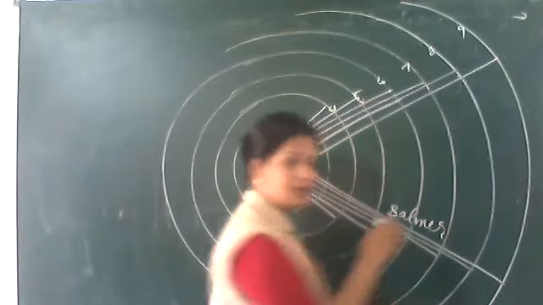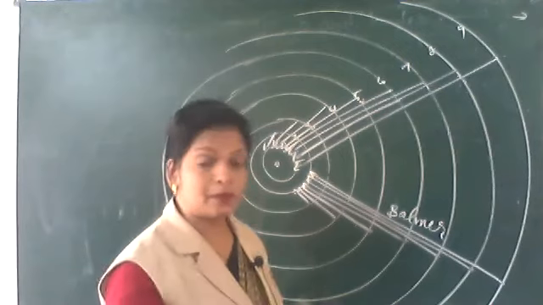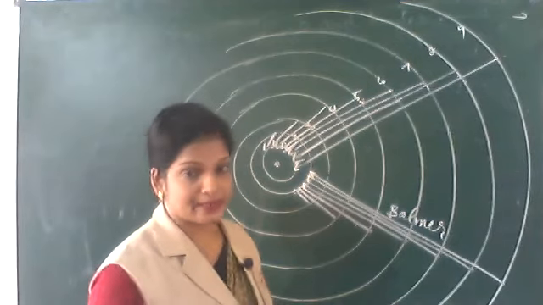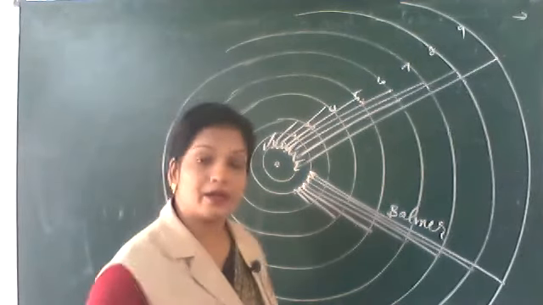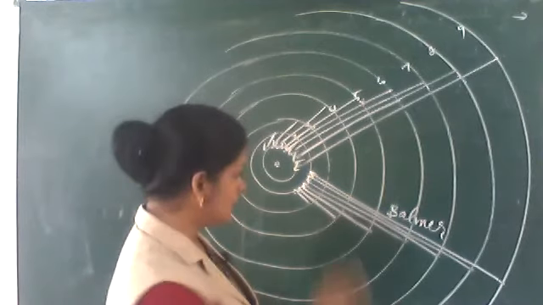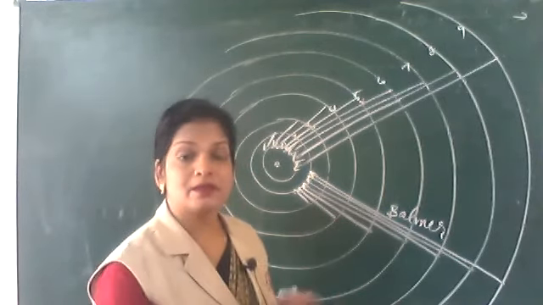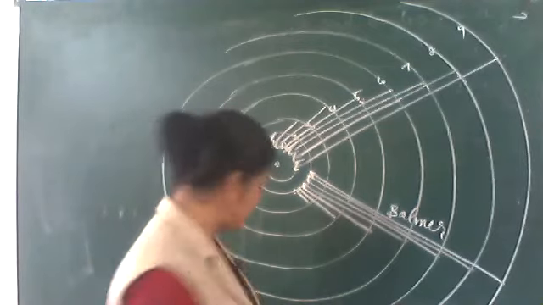This is the only light which is visible to our eyes. This emitted light we can see. Others are either in the IR or UV region. Only this Balmer series is visible with our naked eyes.